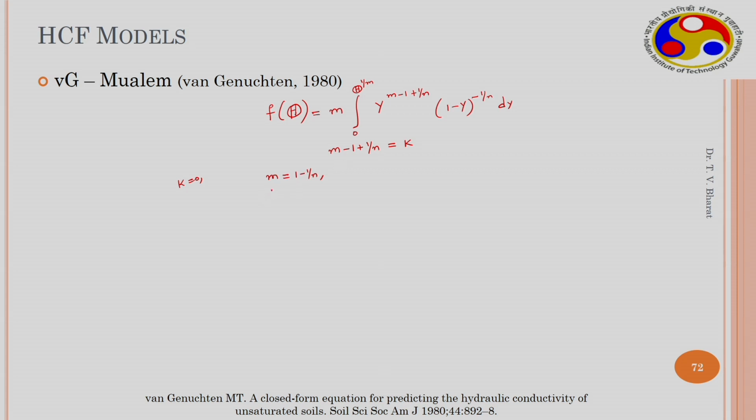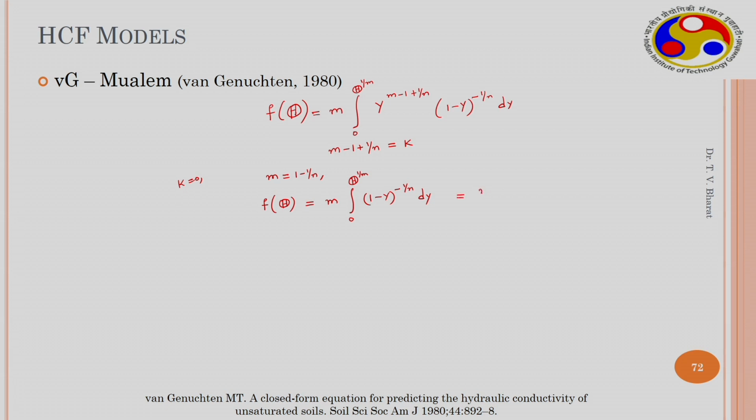So, substituting k equals 0 into the above equation results in f of uppercase theta is equal to m times integral, where m minus 1 plus 1 by n is 0, therefore y power 0 is 1. So, this results in m times the integral from 0 to uppercase theta power 1 by m of 1 minus y power minus 1 by n dy.